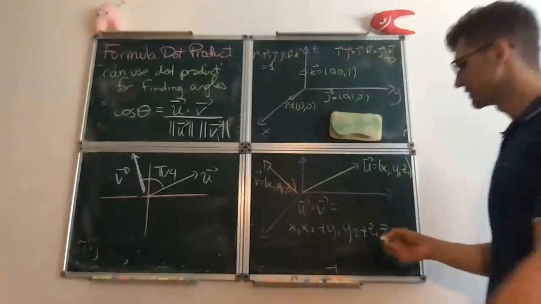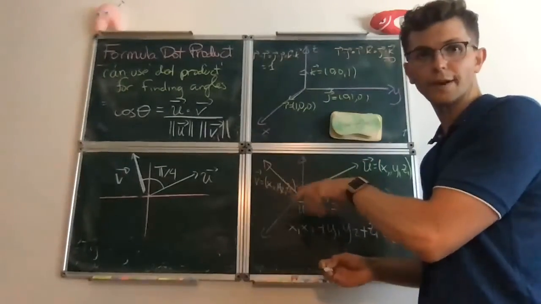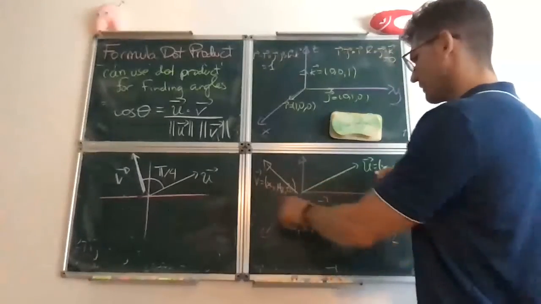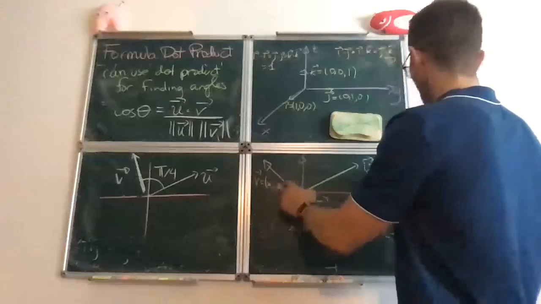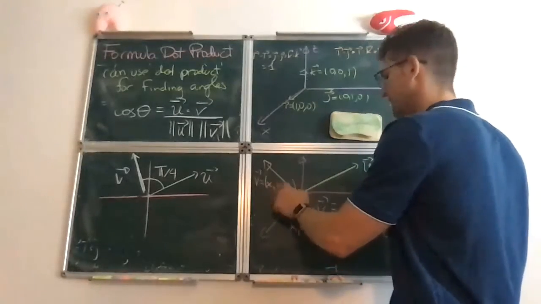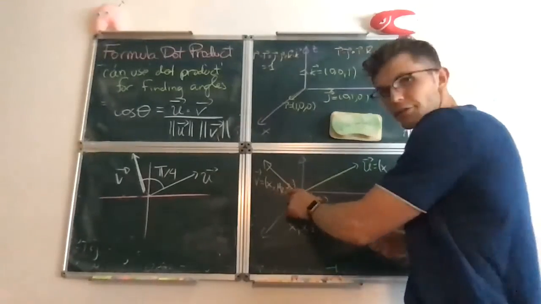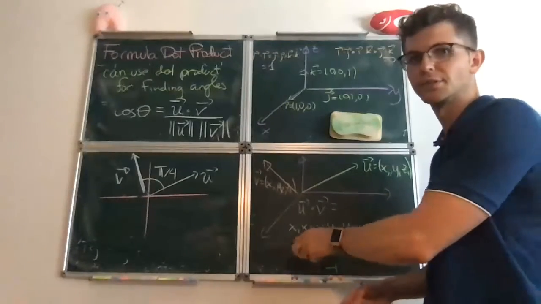Meaning that still for the dot product of two vectors with three entries, you take the corresponding multiplications, first entry with first entry, second entry with second entry, third entry with third entry, and then you just add up the answers together.